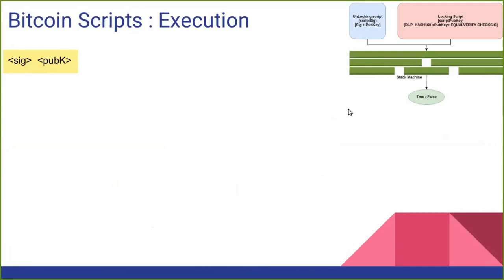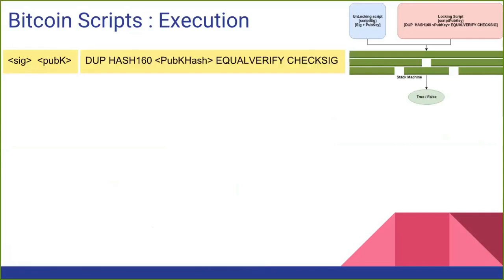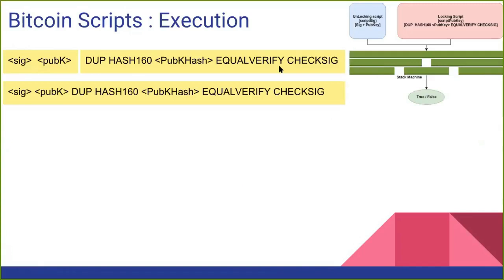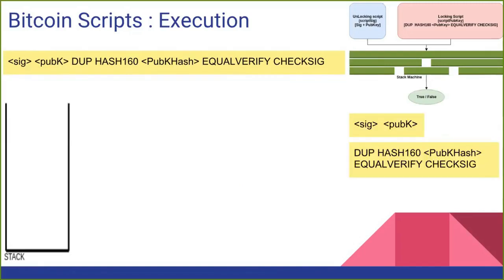So, like I said, the input is signature and public key, and the output is some script like this. Okay? You combine them, and then you have a stack over here, and you start executing the whole script. So let's see whether I'm able to verify this transaction or not.